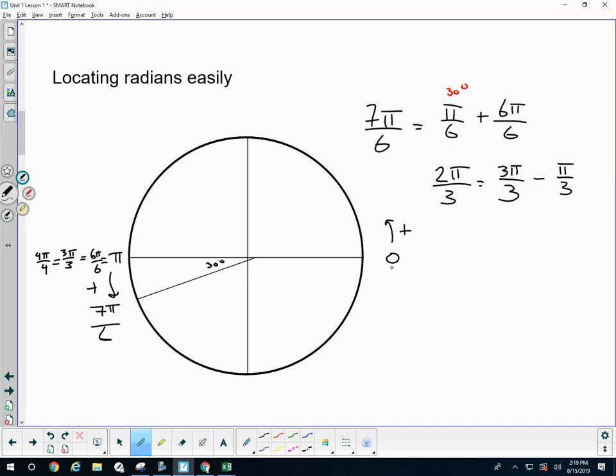Again, remember when we look into the horizon, going up would be adding, so counterclockwise. Going clockwise would be subtracting. Here's 3 pi over 3 right here. If I subtract a pi over 3, I'd be going this way. Knowing that a pi over 3 is 60 degrees, that's why I'm going to be located here, where I have a 60-degree angle created.